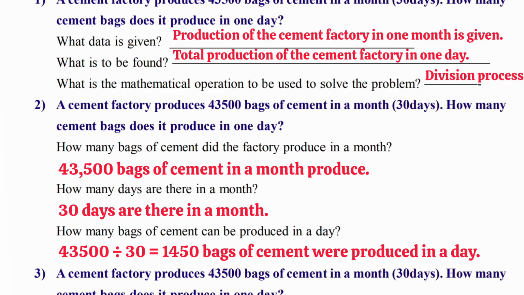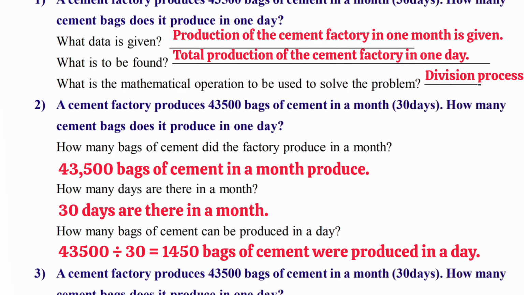So in a month there will be 30 days and sometimes 31 days also. But here it is clearly mentioned in a bracket 30 days. That's why I write down 30 days are there in a month. Okay. Then how many bags of cement can be produced in a day? So do the division. 43,500 divided by 30. You will get 1,450 bags of cement were produced in a day.